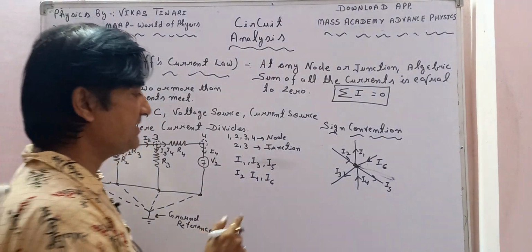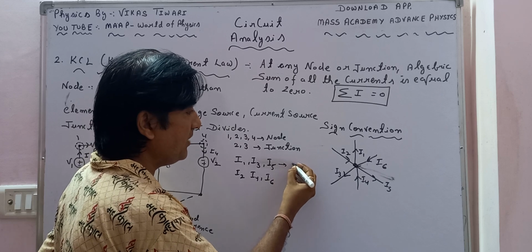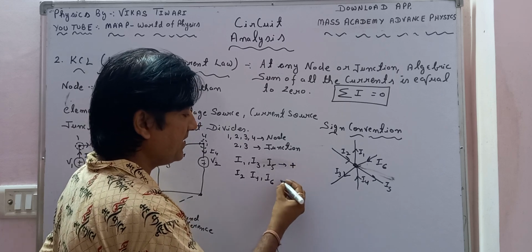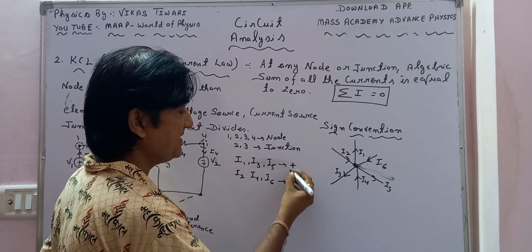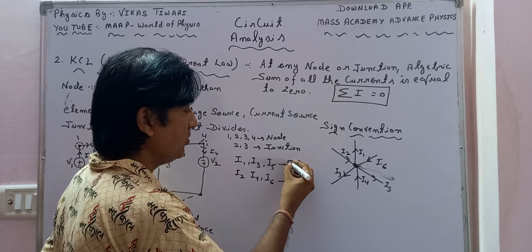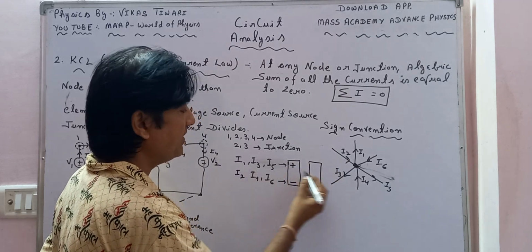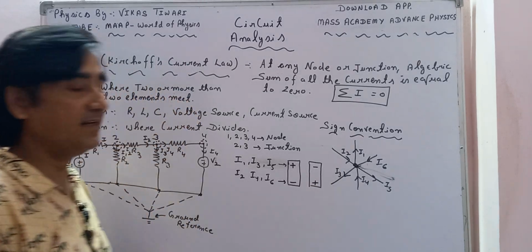So what is the sign convention? The sign convention says it all depends on us. If I say that all outgoing currents are taken as positive, then all incoming currents are taken as negative. So this is one rule set. You can also take it like this: if outgoing currents are taken negative, then incoming currents are taken as positive.